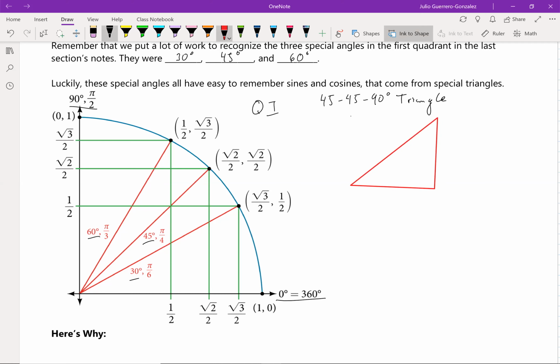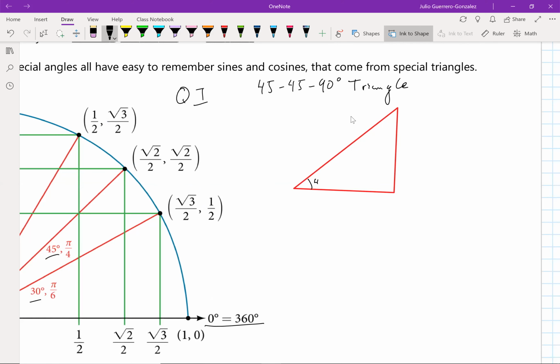So if this is 45 degrees, this is 90 degrees, this has to be 45 degrees, okay? And what we have here is what's called an isosceles triangle. And what's so nice about the isosceles triangle is both of these sides right here, this one and this one, those are exactly the same, okay?